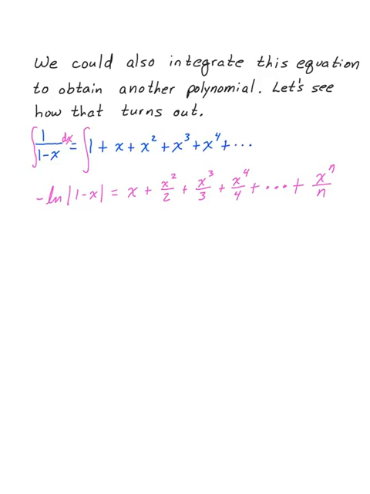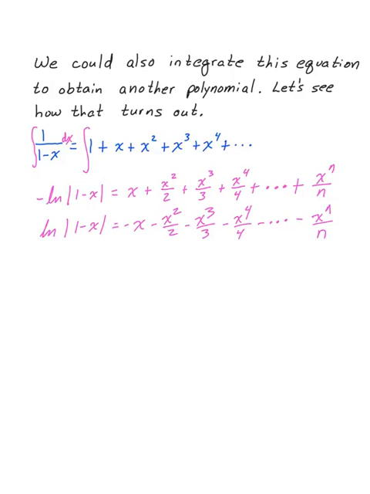Now the other thing that we need to do is we need to get rid of this negative. We can do that by dividing the entire equation, and that's going to give us natural log of this is equal to negative x minus x squared over 2 minus x cubed over 3 minus x to the 4th over 4 minus dot dot dot x to the n over n.